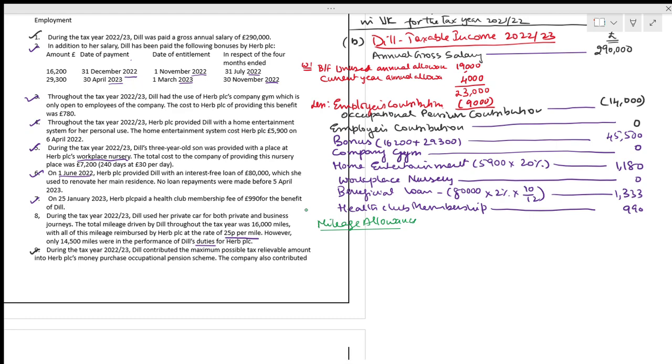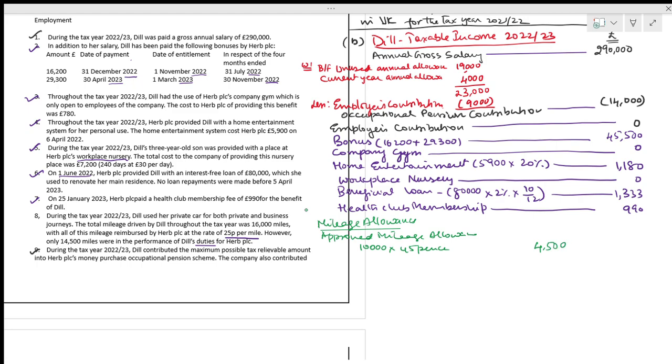She is eligible for that. Okay, approved mileage allowance. First 10,000 at the rate of how much? 45 pence. It comes to how much? 4,500.